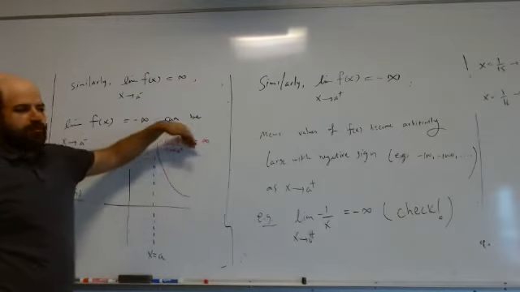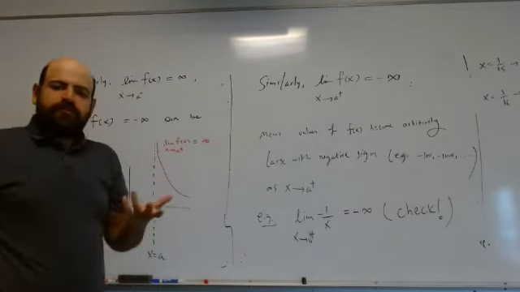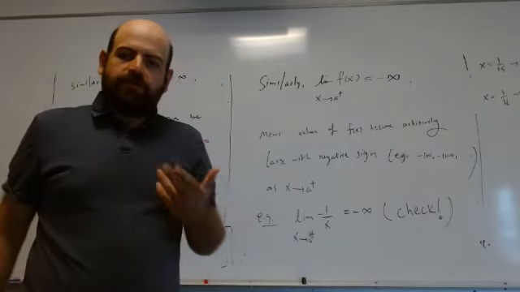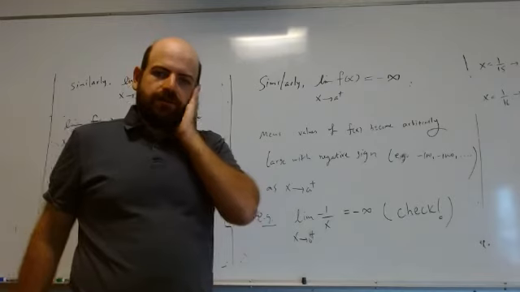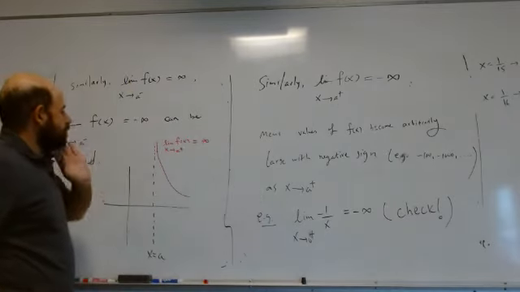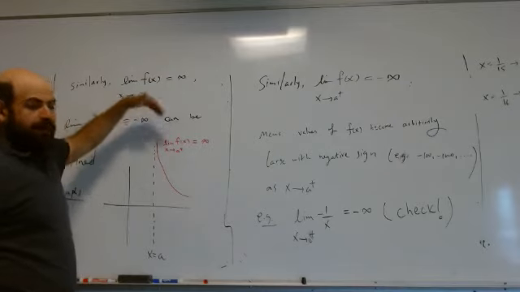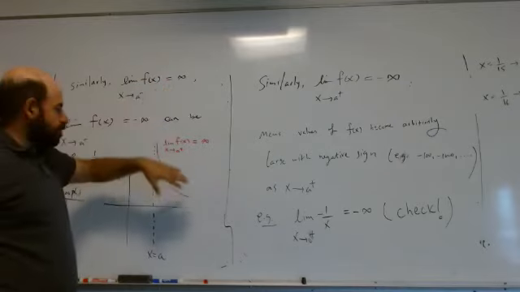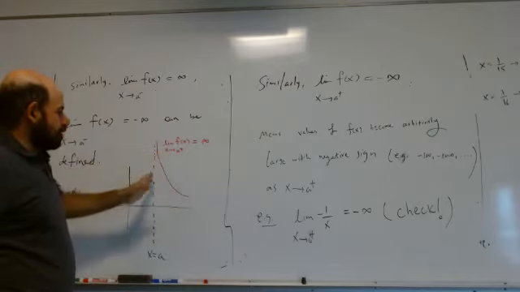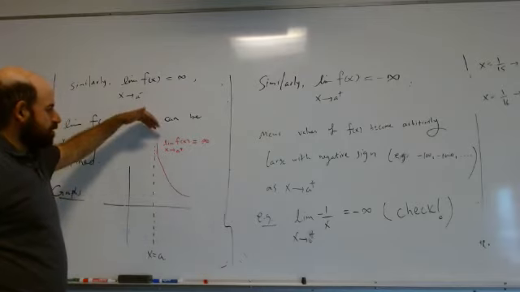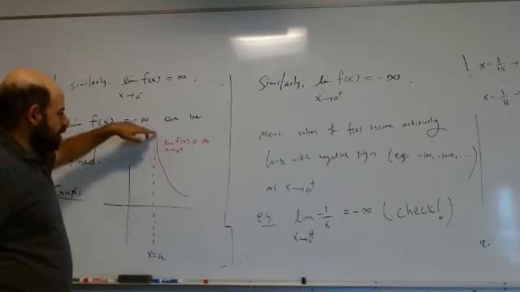When the outputs become arbitrarily large, remember the outputs are represented with y values, right? So the y values are very large, which means you are going higher and higher on your xy plane. So as x gets closer and closer to a from right, the y values become higher and higher. So the graph would look like this. It goes higher and higher.